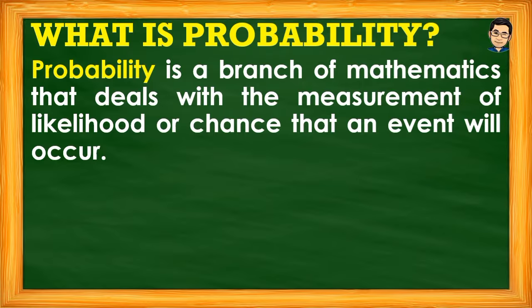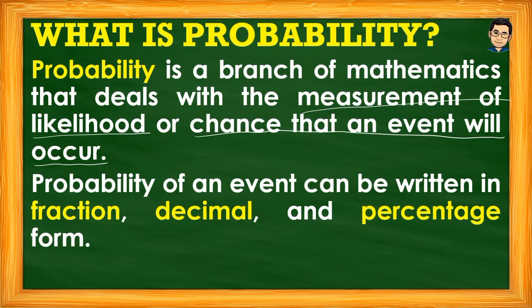Okay, so ang probability, ang concentration niya is yung measurement of likelihood or chance that an event will occur. Ibig sabihin, may measure niya kung gaano kataas, gaano kababa na ang isang pangyayari ay mangyari. Okay, so may mga events kasi na posibleng mangyari, meron din namang events na impossible to happen.